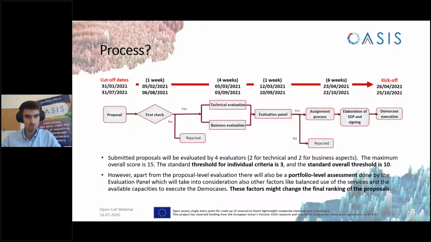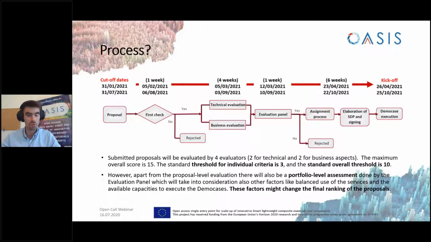After the proposals go through this evaluation, there is the next step when the evaluation panel of the project will convene and look at the portfolio level of the proposals that we'll be getting. Because as I already mentioned before, there are also other considerations that will need to be taken into account when making the final ranking.